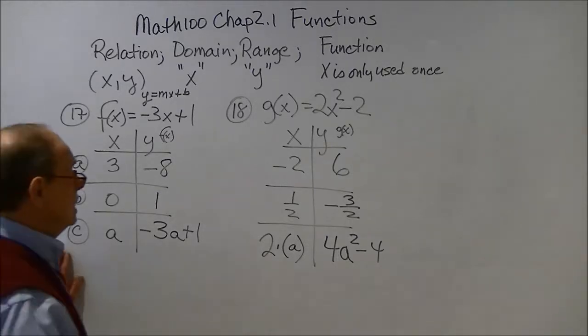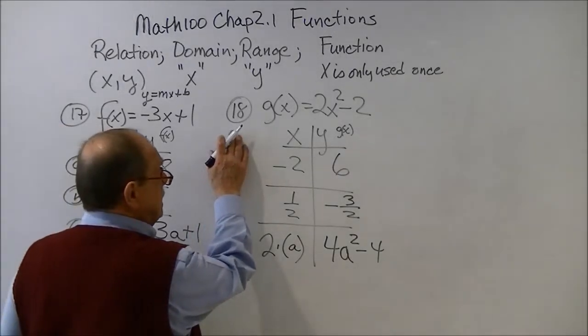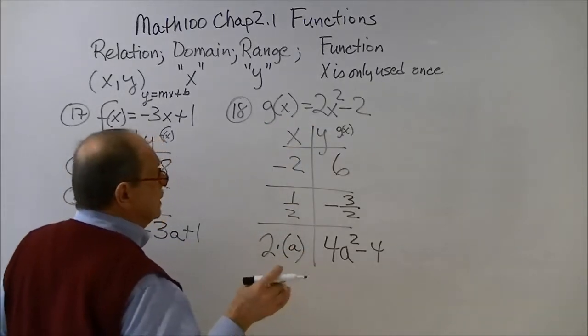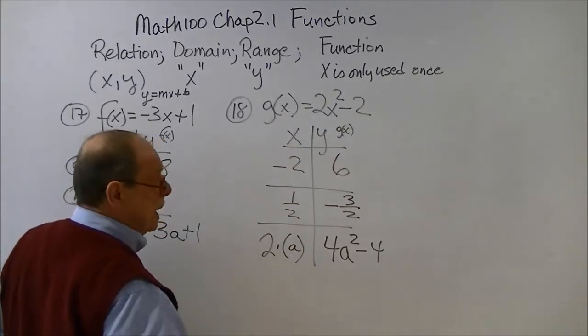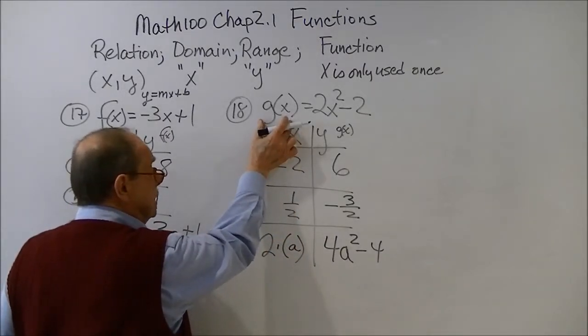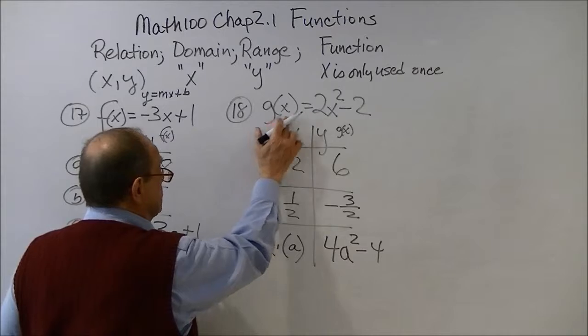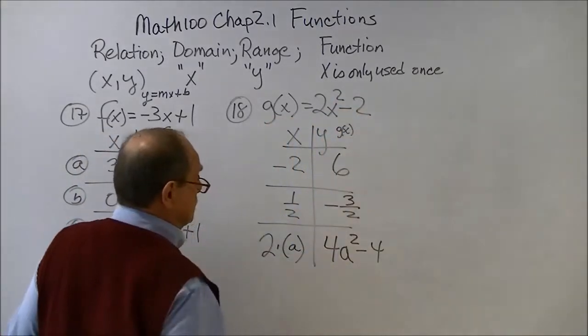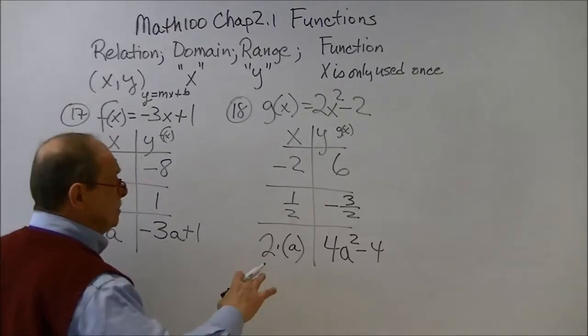Okay, in example 18, and notice now they've changed the letter in the function notation, which is okay. It's still function notation. It's g of x now is equal to 2x squared minus 2. And you're just substituting.